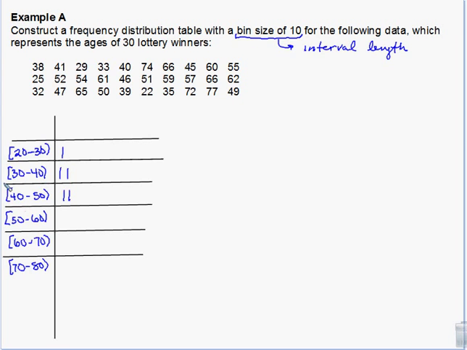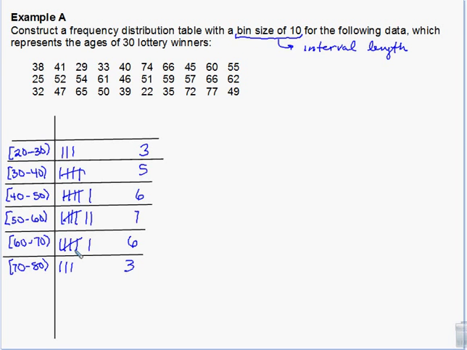I'm putting it in where the bracket is on 40, not the parenthesis. 74, 66, 45, 60, 55, 25, 52, 54, 61, 46, 51, 59, 57, 66, 62, 32, 47, 65, 50, 39, 22, 35, 72, 77, and 49. So I have 3, 5, 6, 7, 6, and 3.